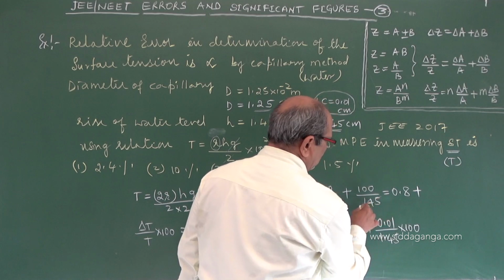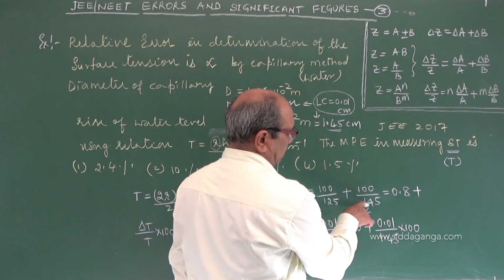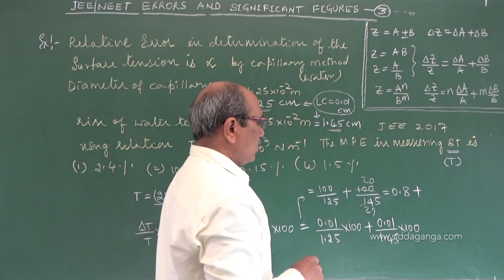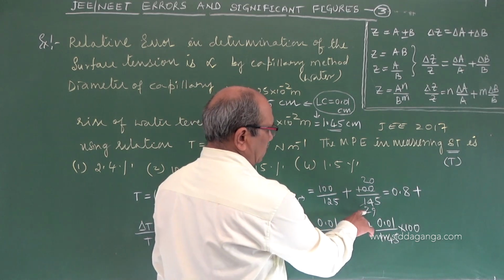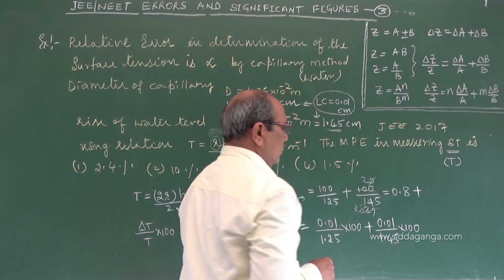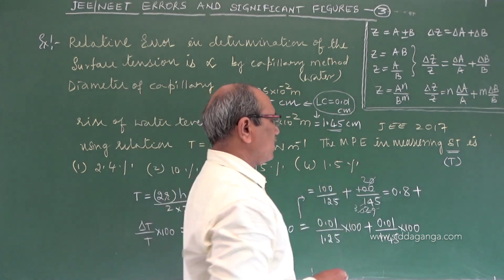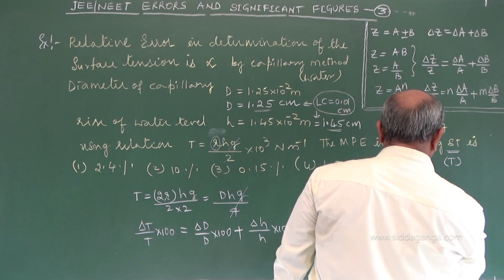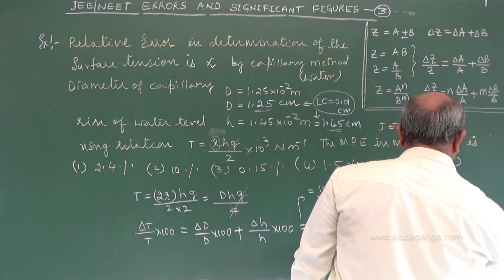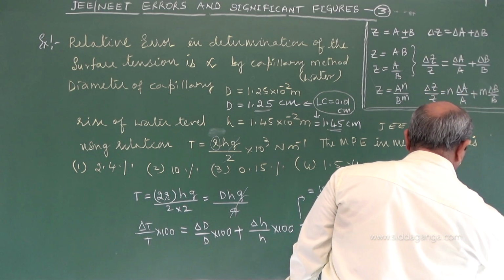If I cancel with 5, it becomes 2 by 3, which is almost 0.66. Adding, this becomes 1.46, approximated to 1.5%.